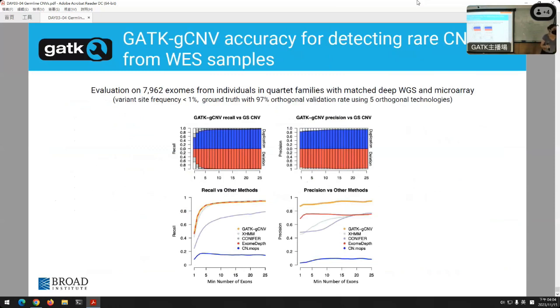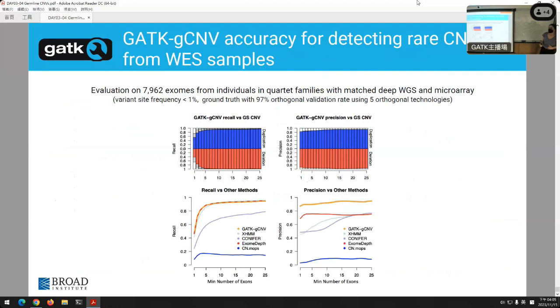They included quartet families so that we could find information about Mendelian violation rates. And they all had matched whole genome sequencing and microarrays to be able to compare to those orthogonal sources of data.